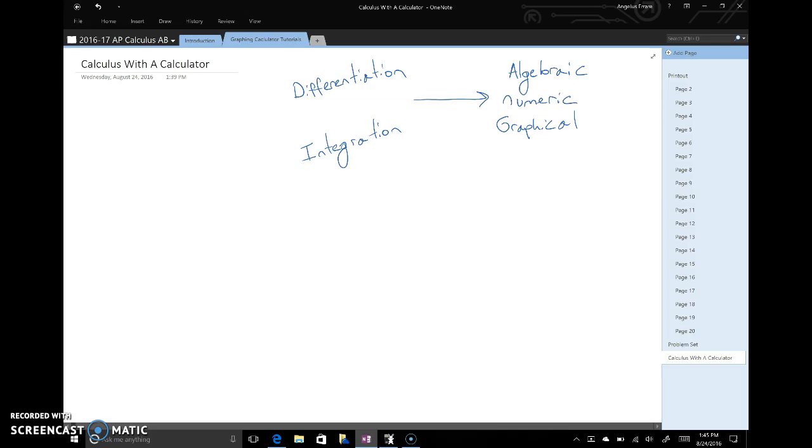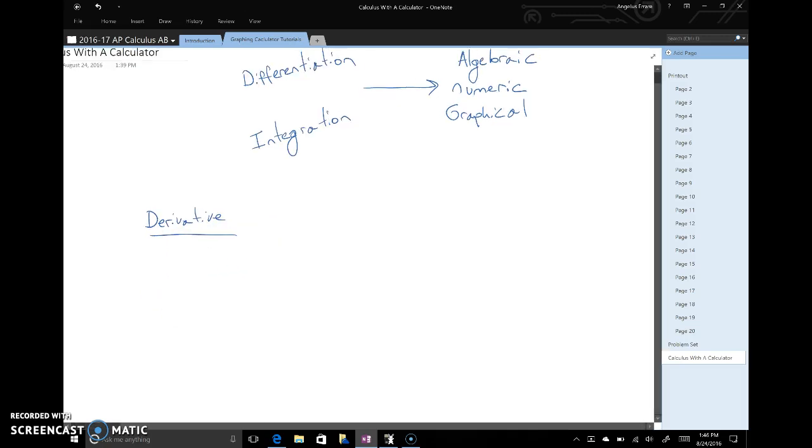Anyway, I want to give you just a very, very low-level conceptual introduction to integration and differentiation. So let's talk about the derivative. The derivative of a function gives instantaneous rate of change.